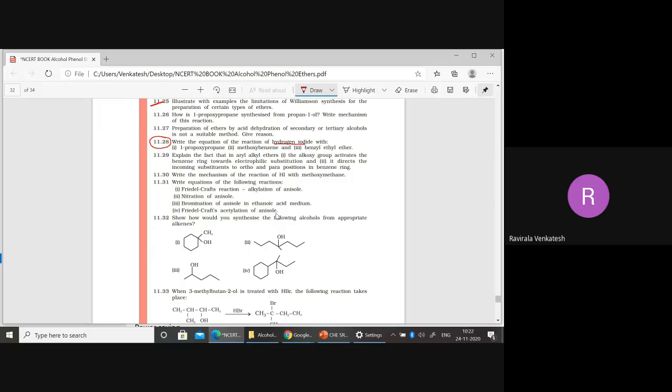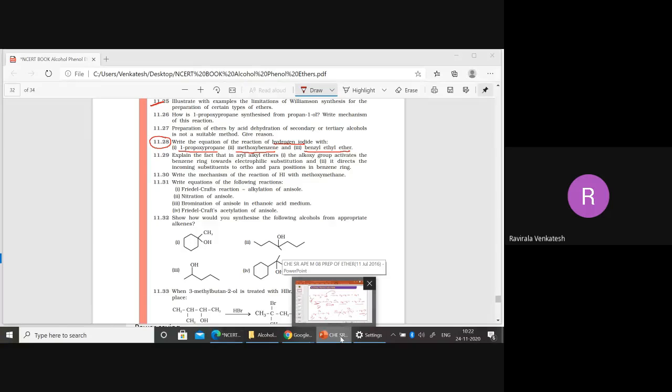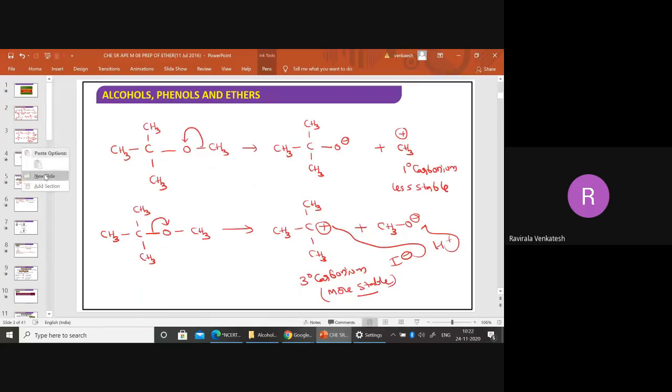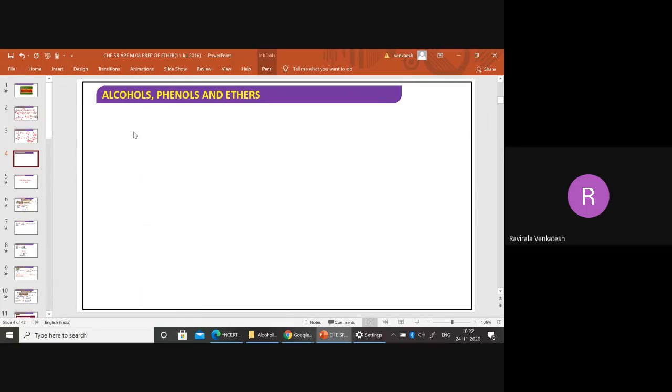Hydrogen iodide with 1-propoxypropane, methoxybenzene, benzyl ethyl ether. Let me do this 11.28 here. 1-propoxypropane.